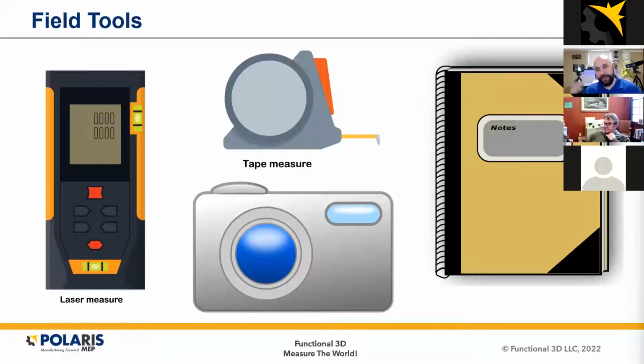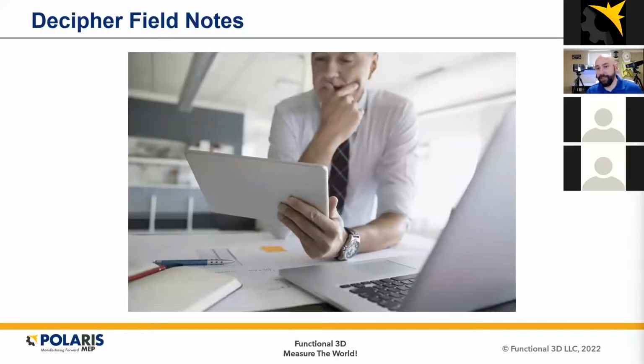When you assume that and things are off over 100, 200, 300 feet, if you're in a large facility and that angle isn't a perfect 90, those dimensions at the other end are not going to line up or are going to be off. So the real world isn't always going to match the digital world that you're creating. So lots of measurements, both with measuring tapes and laser measuring, lots of photos, and lots of notes. And then that comes back into the office.